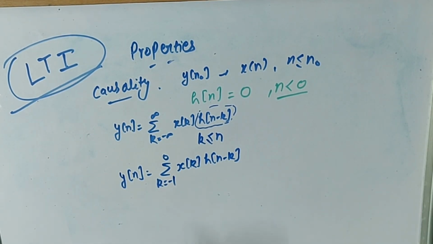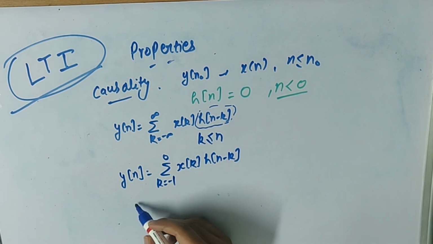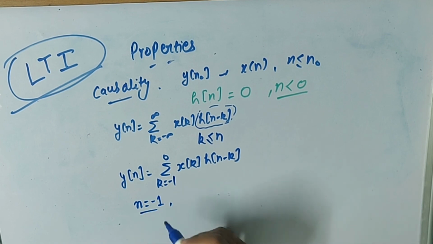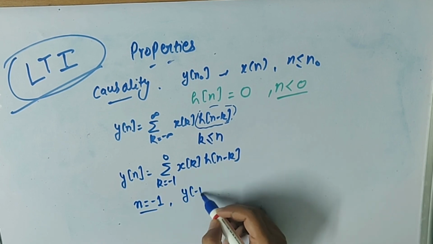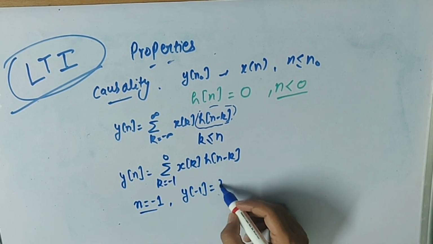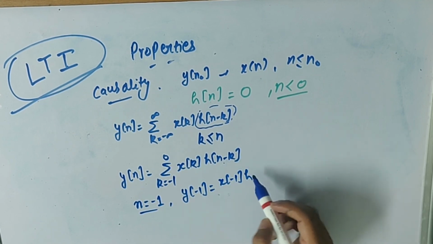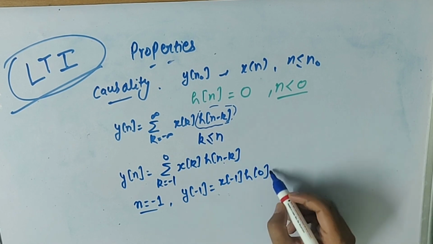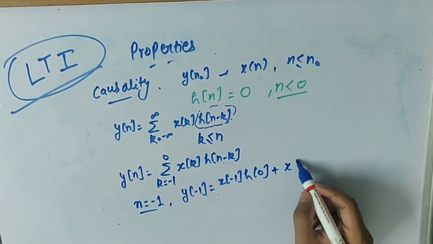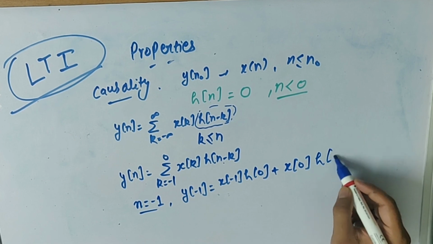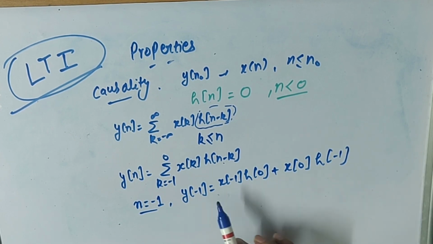Let's calculate at n equals minus 1. So y[minus 1] will be x[minus 1] h[0] plus x[0] h[minus 1].